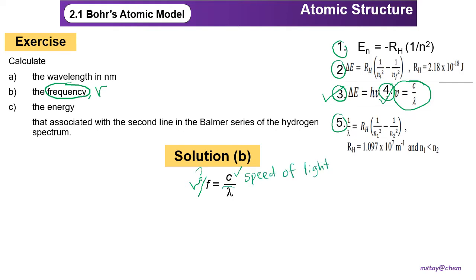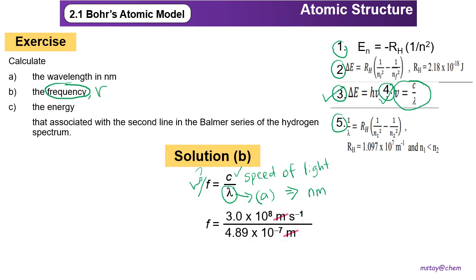And then the wavelength is the one that you determined in question A. But remember, just now we determined the wavelength in nanometer, but the speed of light is in meters. So before you do the calculation, we have to convert the nanometer into meter. Just press the calculator and you will get the answer 6.13 times 10 to the 14, and the unit here is per second, or we can write it in hertz.